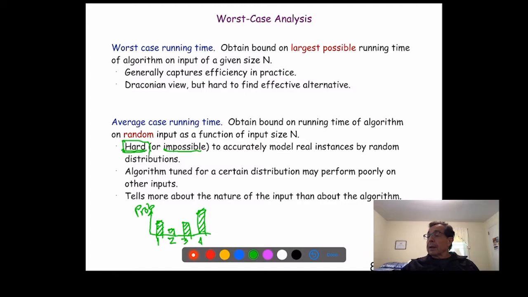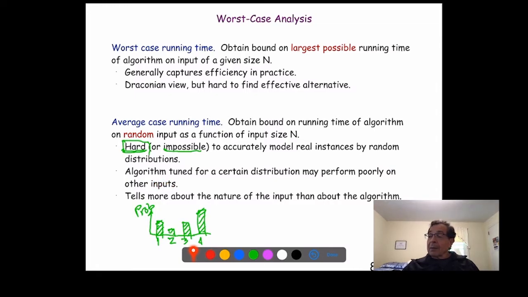Okay. Now, even if the algorithm is tuned for a certain distribution, so let's say we found this distribution and we are happy with it, it may perform poorly on other inputs.